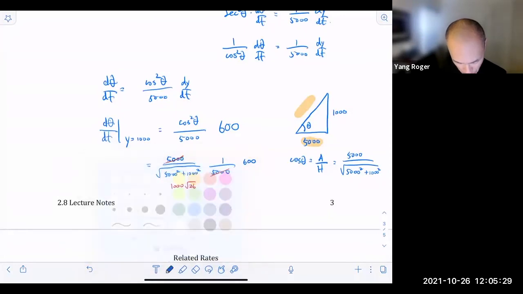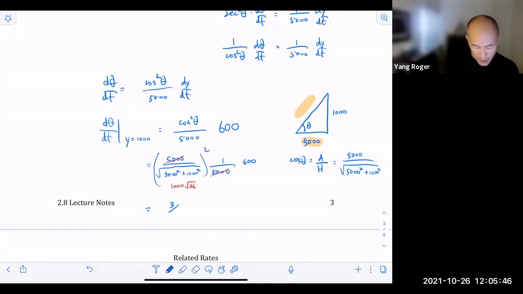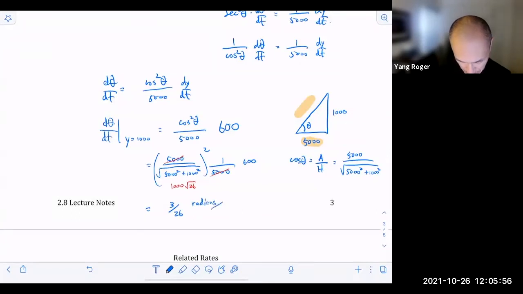So when you work this out, you're going to get 3 over, oh, I need to square that, sorry. It's cosine squared. So when you work this out, you're going to get 3 over 26 radians per second.